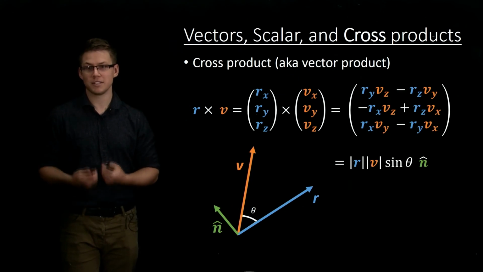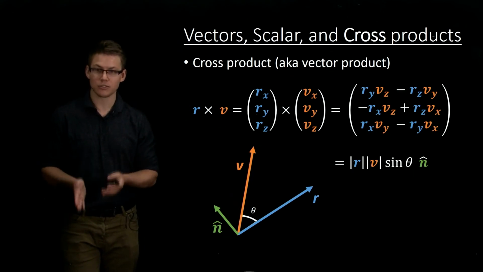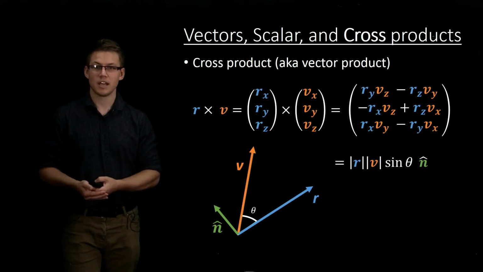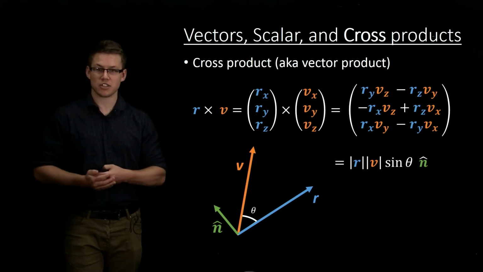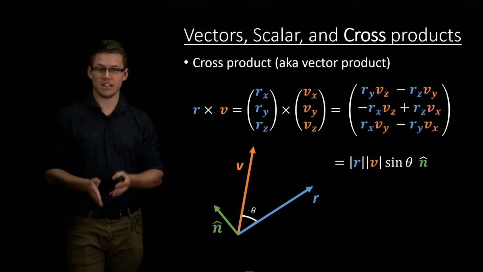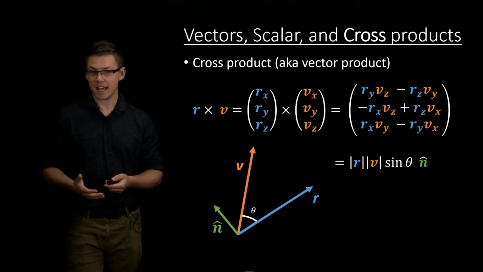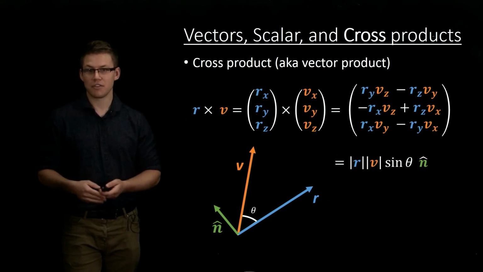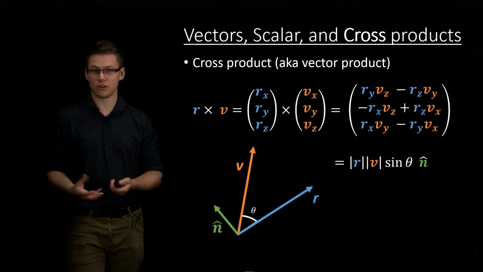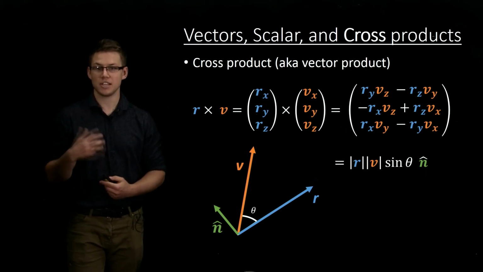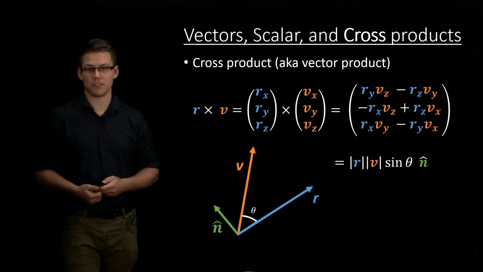Moreover, if r and v are themselves perpendicular, i.e. the angle between them is 90 degrees, then we just have r times v times that unit vector. If instead r and v are parallel, then theta is 0 and sine of theta is 0, and so we end up with 0. So these are things to remember when you're thinking about the cross product.